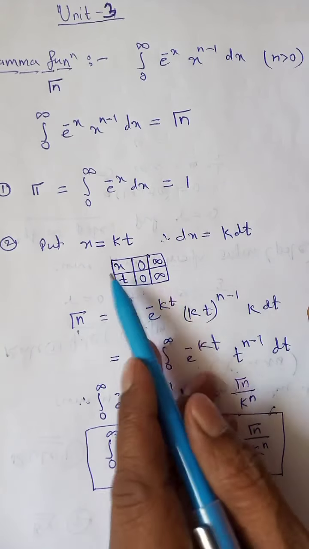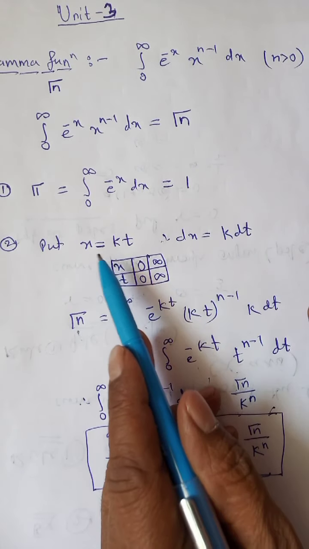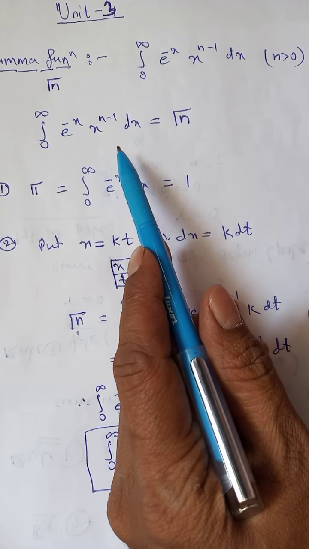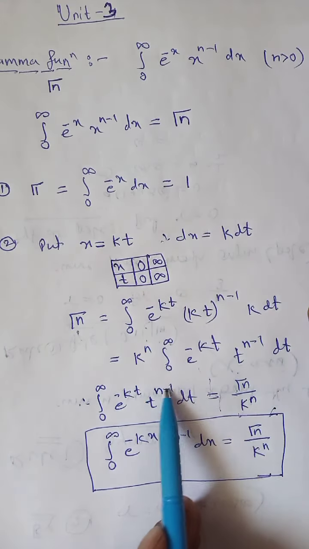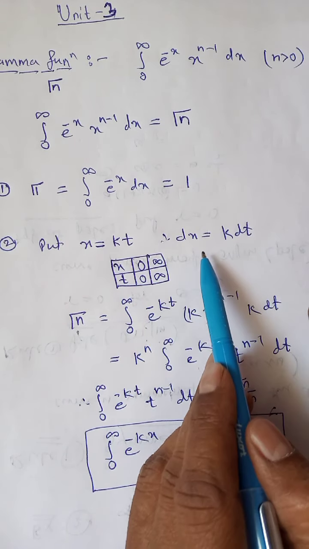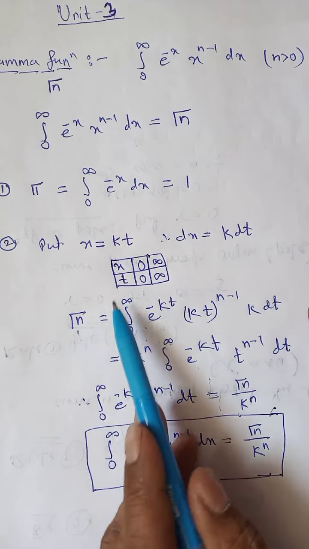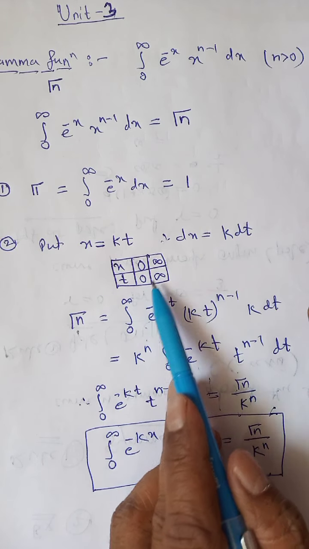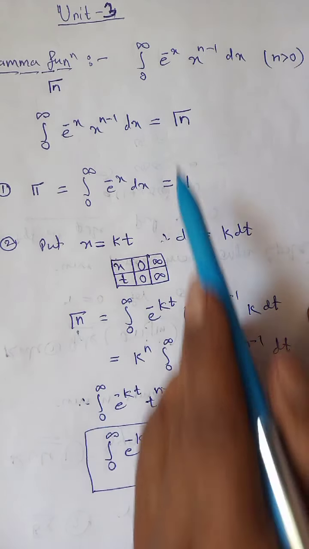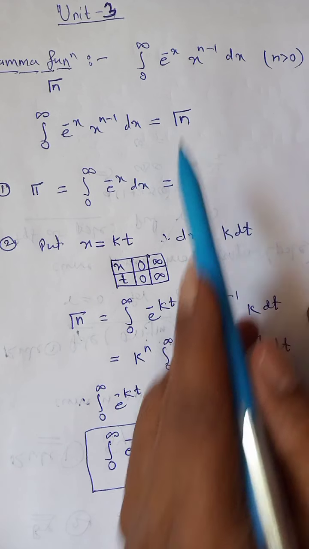The second, if we substitute x is equals to kt in the definition of gamma function n, we'll get a transformation of this gamma function. Say x is equals to kt, so dx is k dt. Limits: when x is 0, t is 0, when x is infinity, t is infinity. Therefore substitute these values in gamma function.